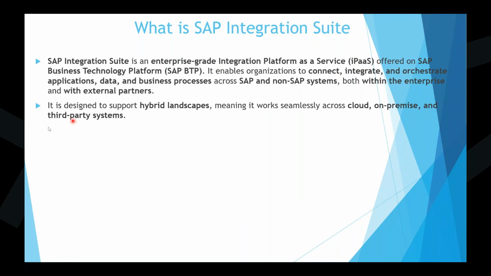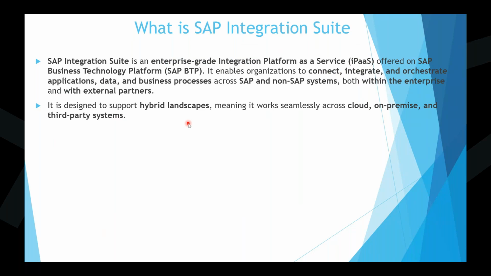So now what is hybrid? It is designed to support hybrid landscapes, meaning it works seamlessly across cloud, on-premises and third-party systems. So what does hybrid landscape mean? See, some systems run in the cloud on servers managed by providers like Microsoft, Amazon, etc. Some run on-premises on servers physically located in your own data centers. So a hybrid landscape is when you have both, which is the reality for almost every large enterprise organization, especially where your SAP systems are on-premises and you have other applications sitting in the cloud or in other environments.